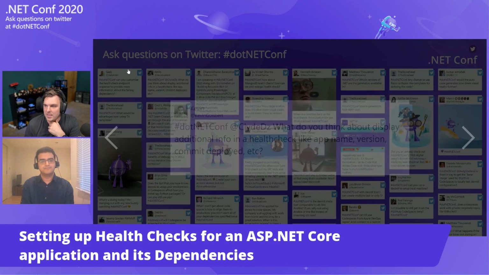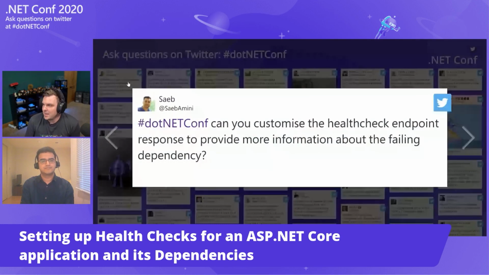Awesome. All right. Another question coming in. Can you customize the health check endpoint response to provide more information about the failing dependency? Yes, so that would be the same answer as the previous one, where you can actually print out the JSON response. So let's say in this case, we added 4 dependencies and the application itself.